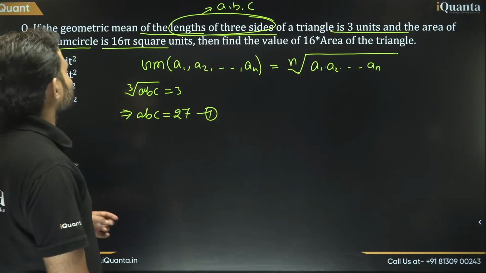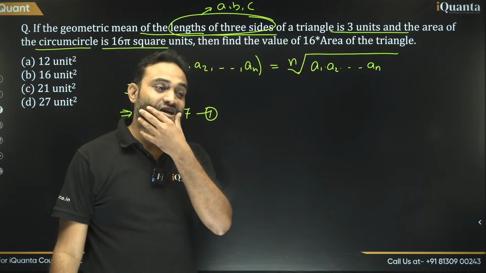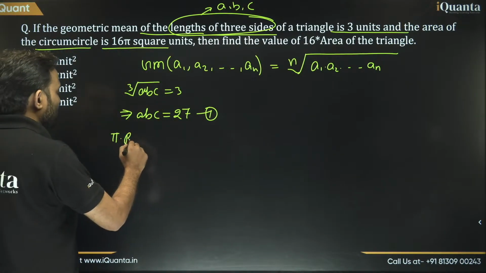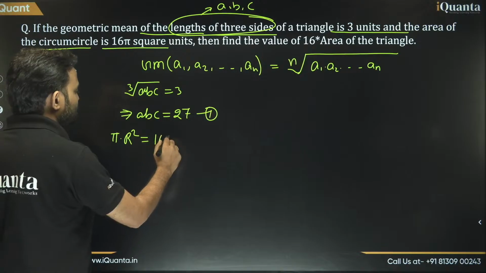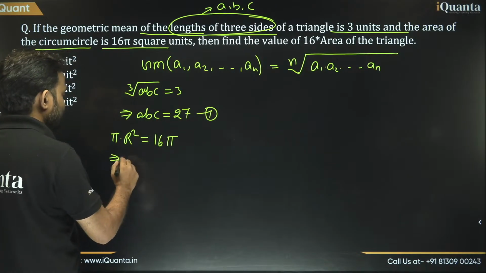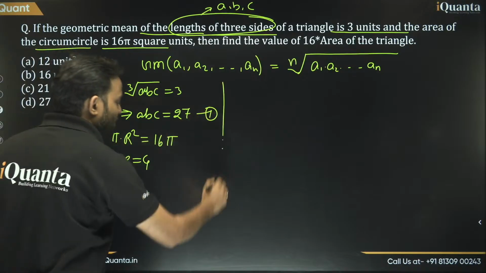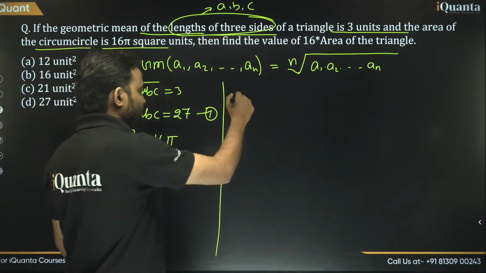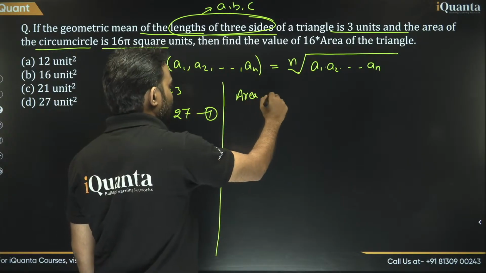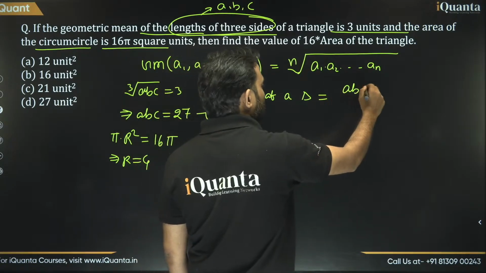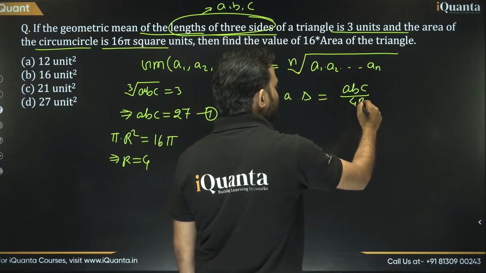For the area of the circumcircle, if the radius is R, then pi R square is equal to 16 pi, or R is equal to 4. If R is equal to 4, what do we know about the area of a triangle? The area of a triangle is equal to the product of all 3 sides divided by 4R.